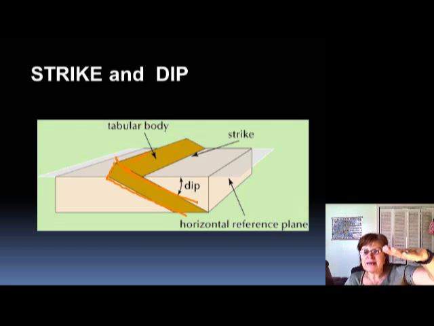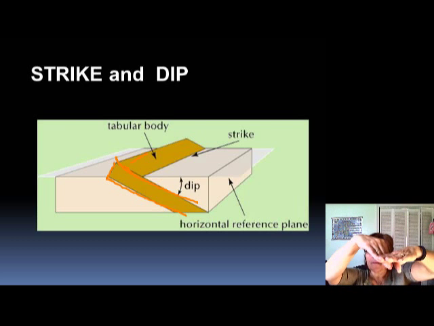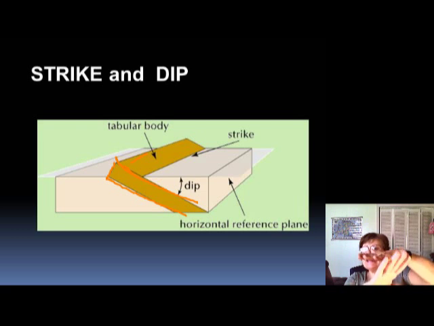They put the compass to the rock, and there will be a line formed at the intersection of the rock layer and the horizontal plane. Then with the compass, they measure the direction of this intersection. So remember the intersection of the rock layer with the horizontal plane is going to give you the strike, and then you measure the direction of the strike with the compass relative to the north. So that's going to be the strike.